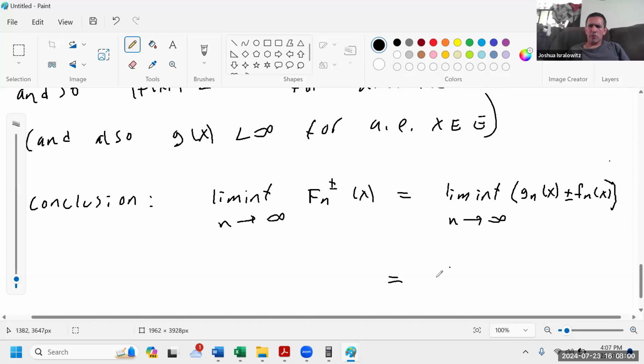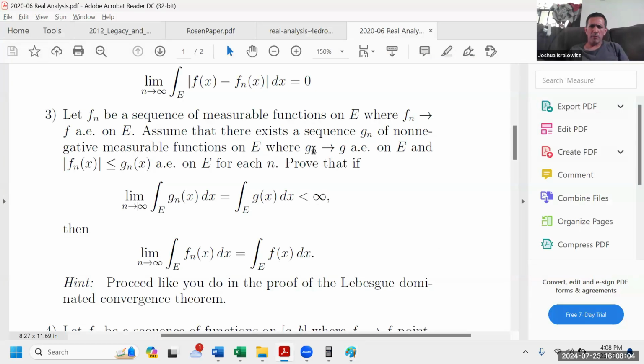Gn goes to G almost everywhere. That's part of the problem. Fn goes to F almost everywhere. That's what's here.